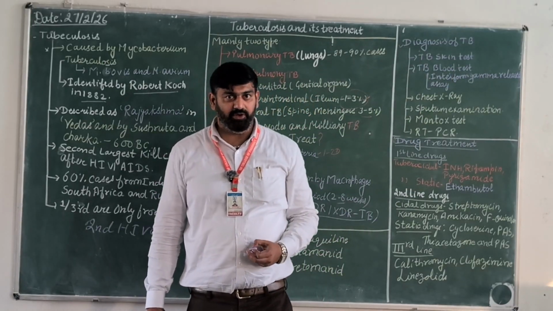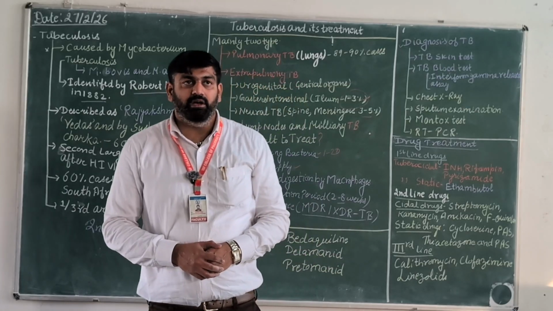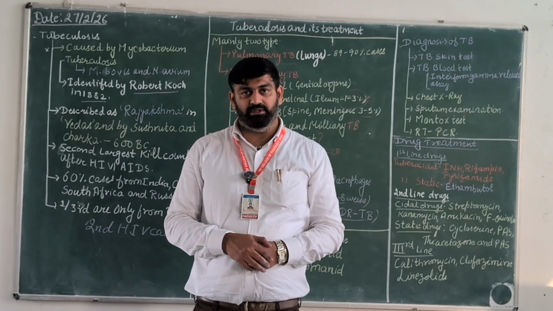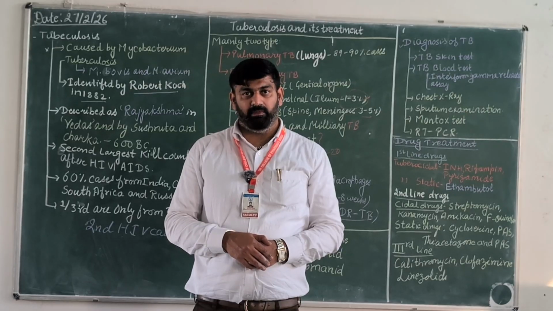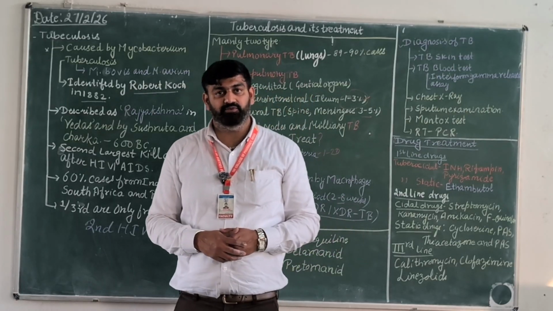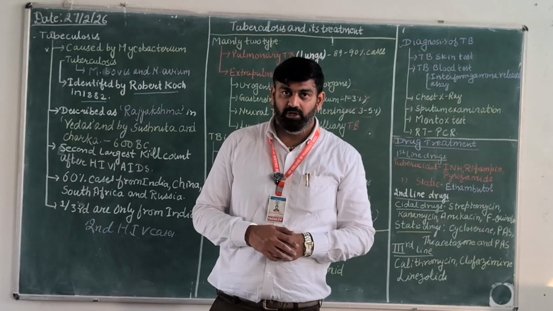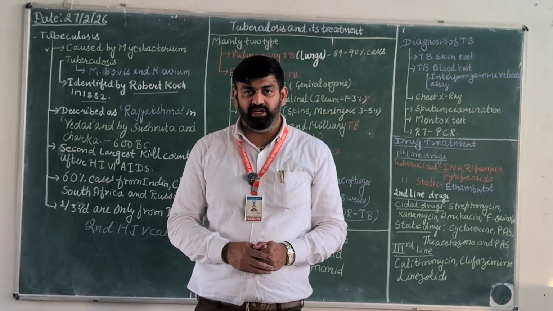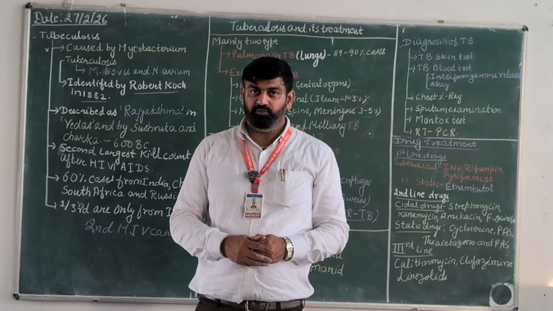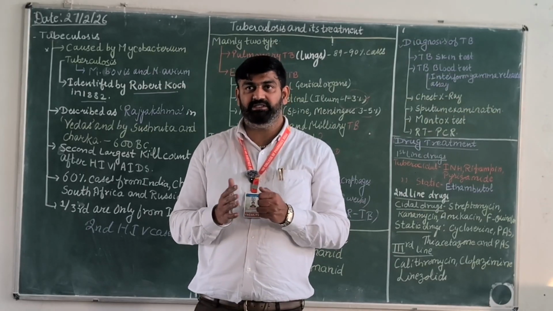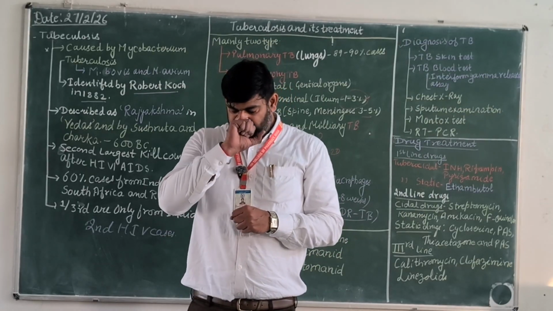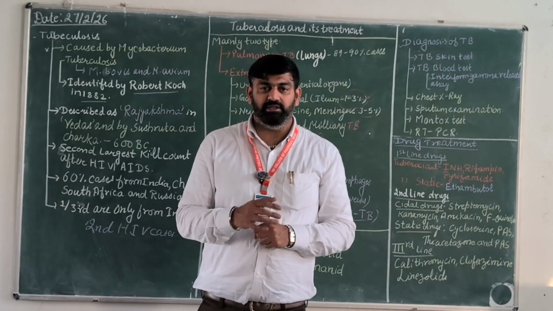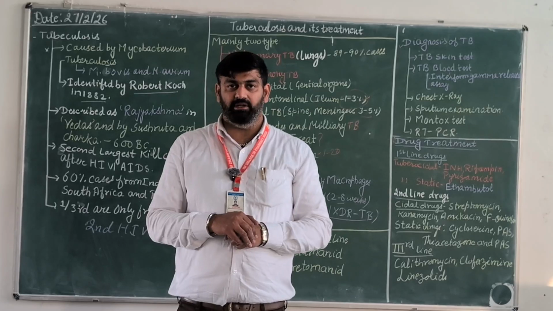In this test, we inject a small amount of tuberculin into the deltoid muscle and observe the patient for at least 42 to 72 hours for inflammation, redness, and any other changes in the skin. And if those changes match with the normal tuberculosis test, then it is a tuberculin infection.